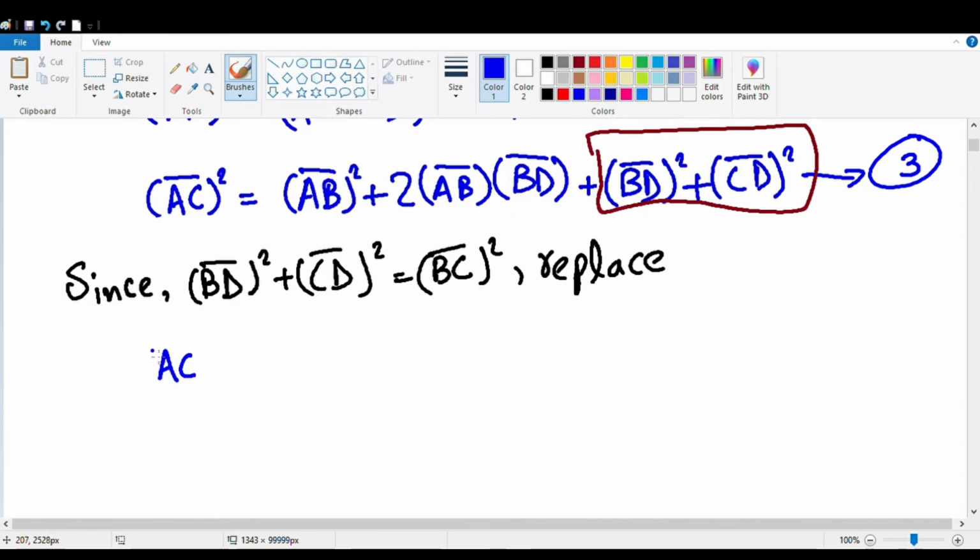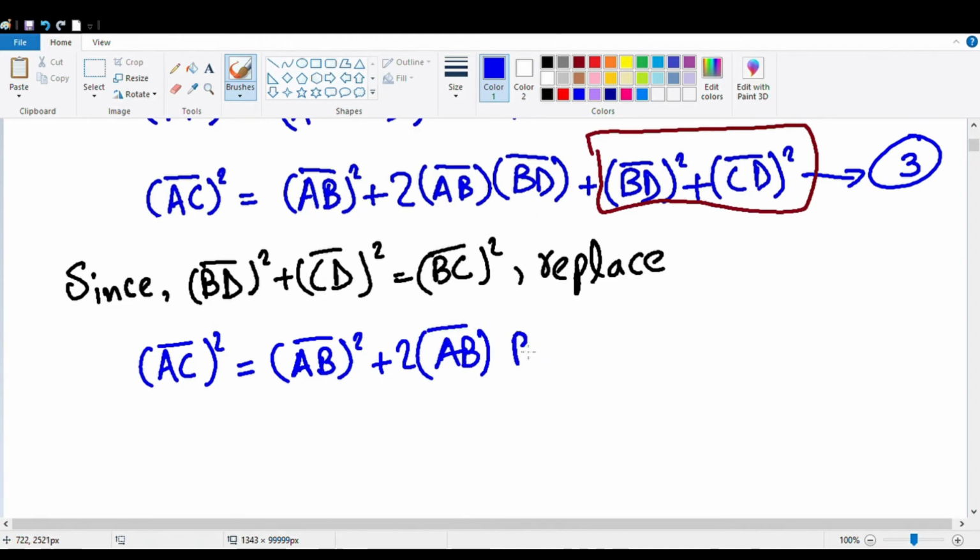So let's do it. AC square is equal to AB square plus 2 into AB into BD plus BD squared plus CD squared, which we're replacing with BC squared. So this is what our end result, or you could say our theorem, looks like, and basically we've proved it.